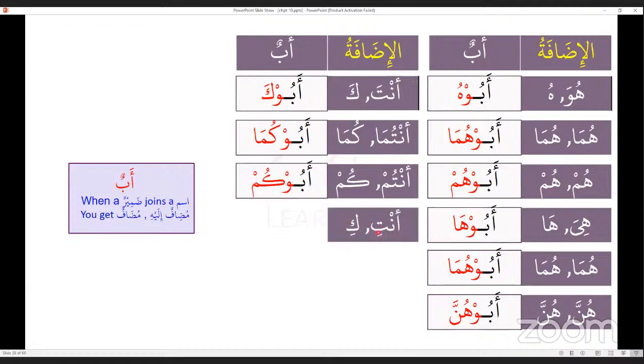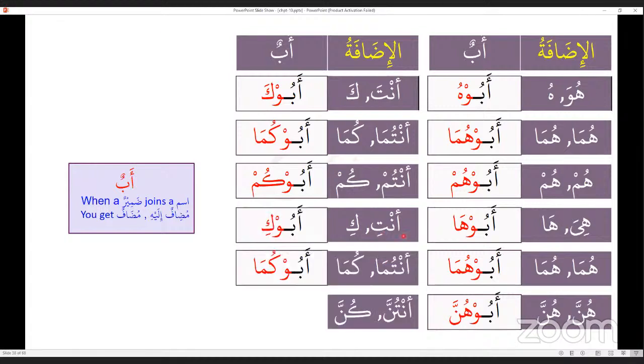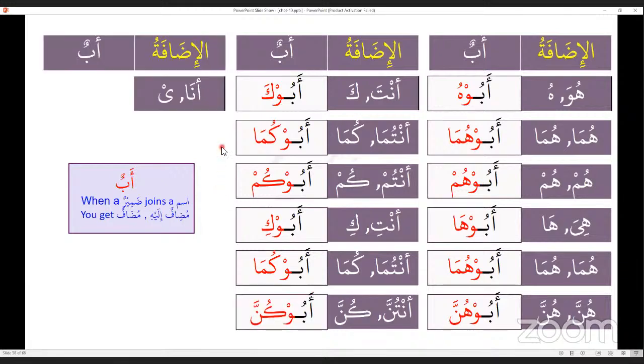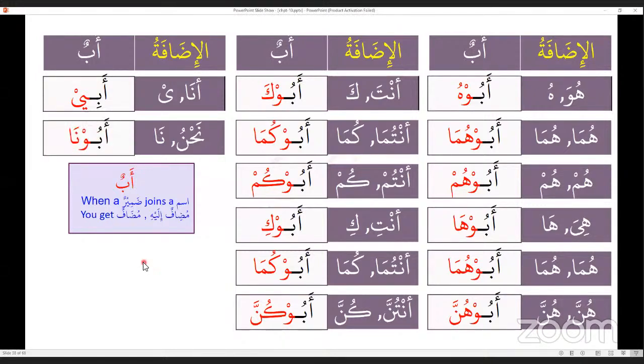Your father, single feminine, abuki, abukuma, abukunna, your father, all feminine, abukunna. And my father, what will be my father? Abi. Now, our father will be abuna. So abi is an exception here, but the rest of the things are similar. Okay, this is very simple.